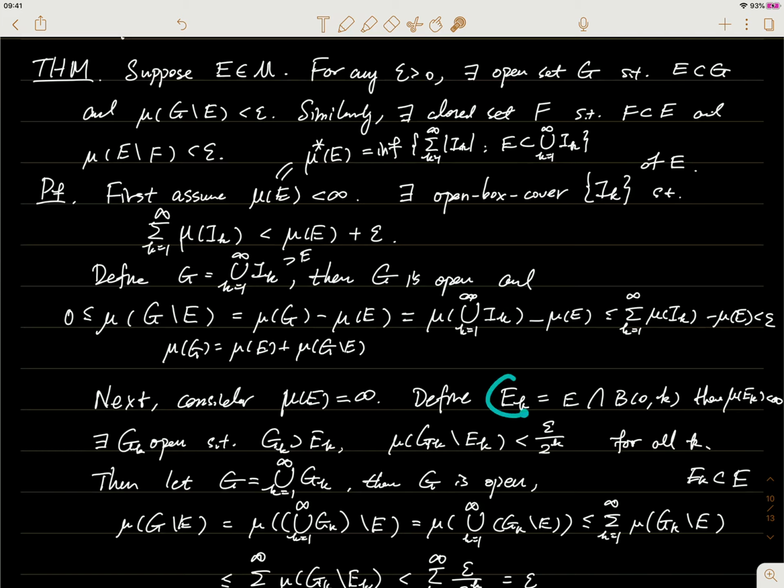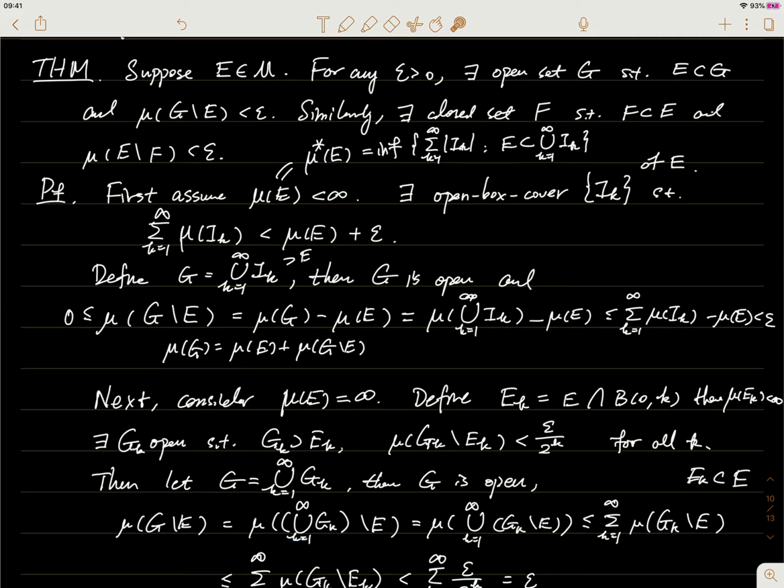Because G_k covers E_k. The union of G_k will cover the union of E_k, which is E. So the G will contain E, and the difference has a measure equal to, recall that G is defined as the union of these G_k's. So that's why I just replaced G by this.